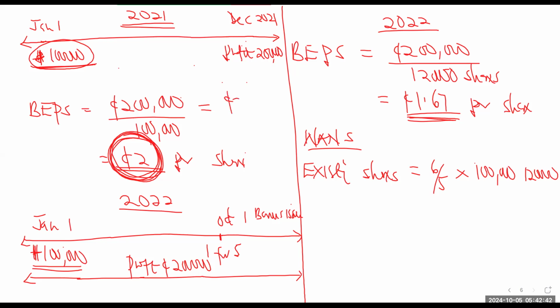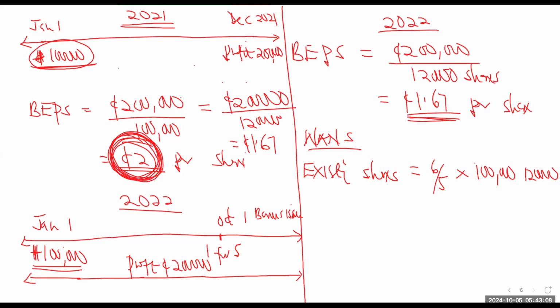So we have the 200,000 divided by the 120,000, then we have the 1.67. The funny part is that they will not give you the profit for the previous year. They will only give you the earnings per share calculated.